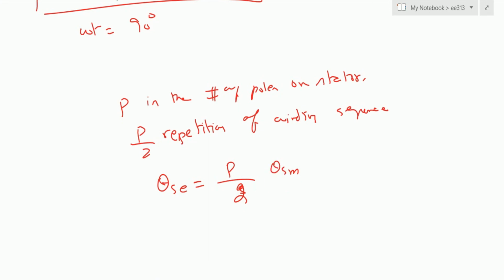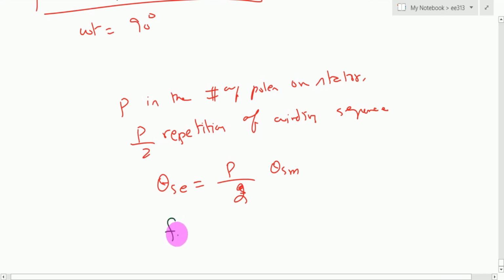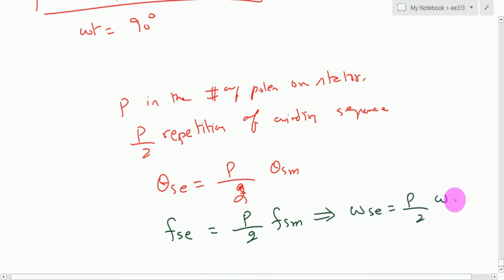So similarly, based on this, we can say that the electrical frequency of the stator, FSE, is equal to P by 2 into FSM, or in terms of the speed, we can say that omega SE is equal to P by 2 into omega SM.